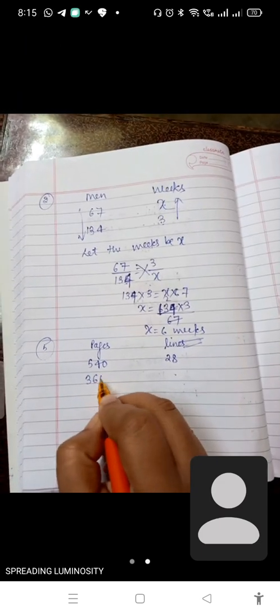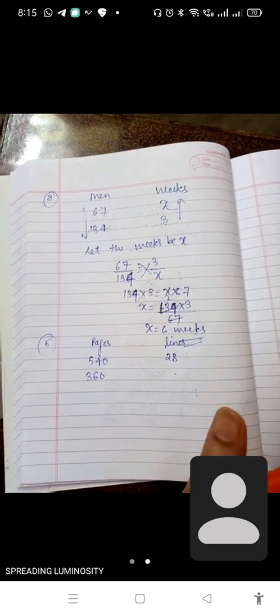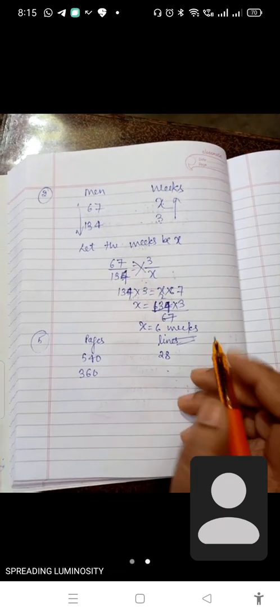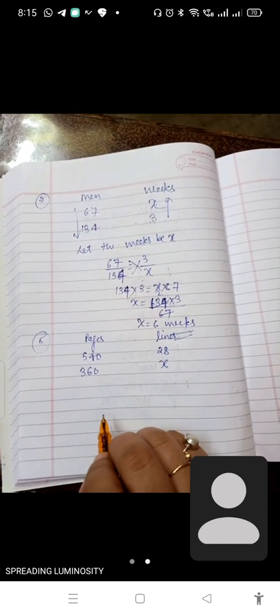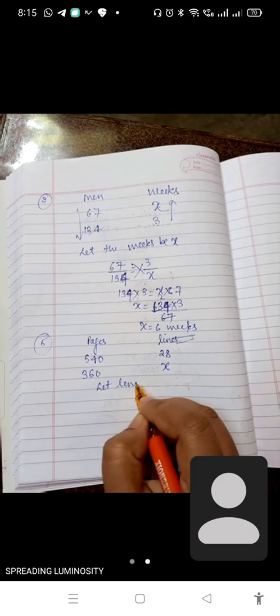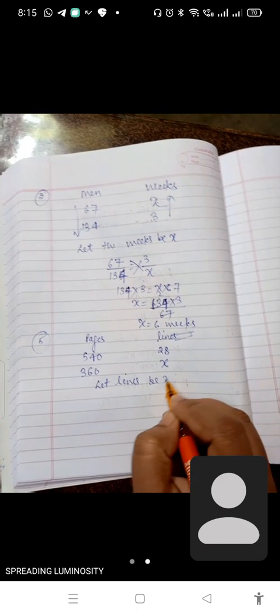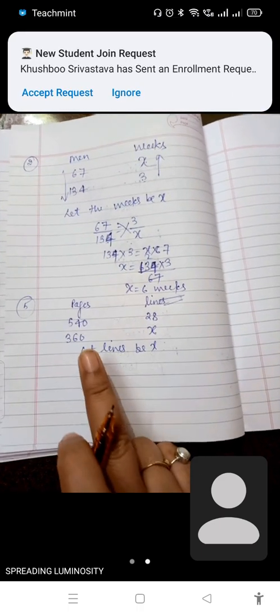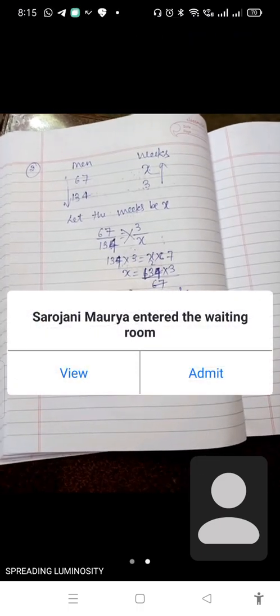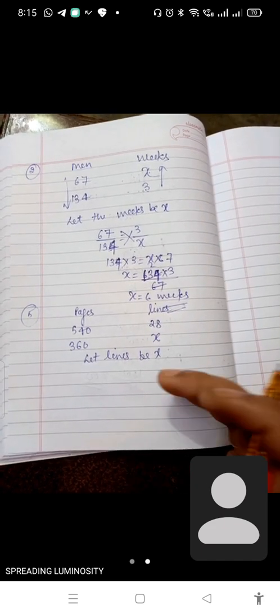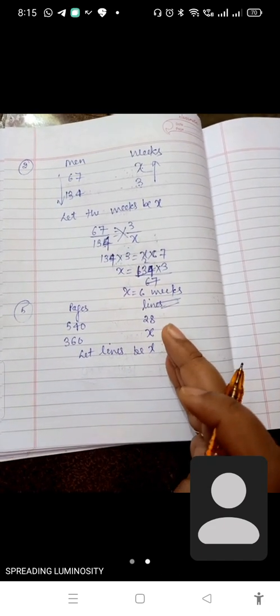If the number of pages is less but the content will be the same, so the number of lines should be increased. Let lines be X. It is inverse proportion, as I have explained. When we increase the number of pages, then the lines will be decreased.